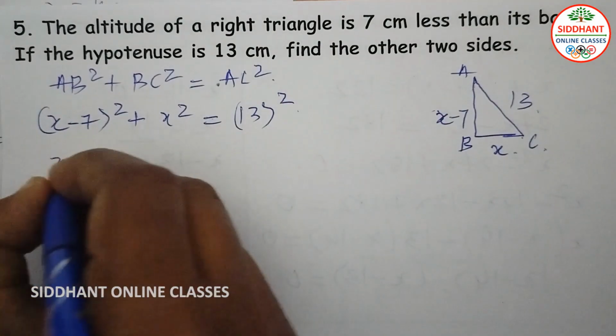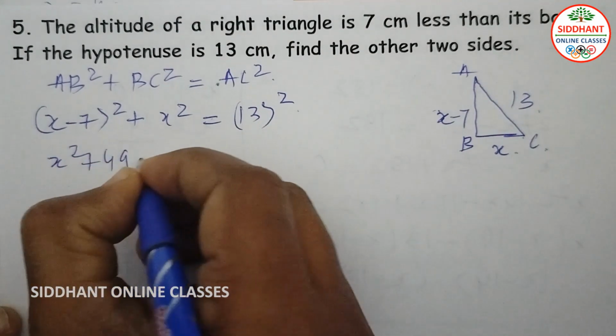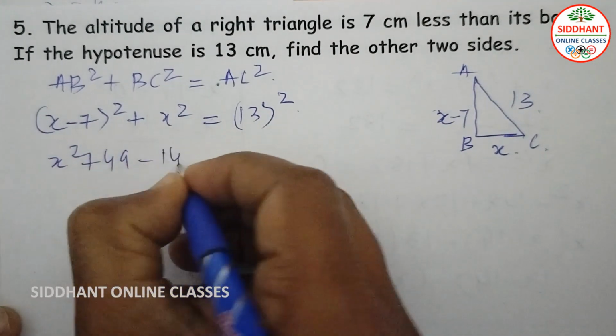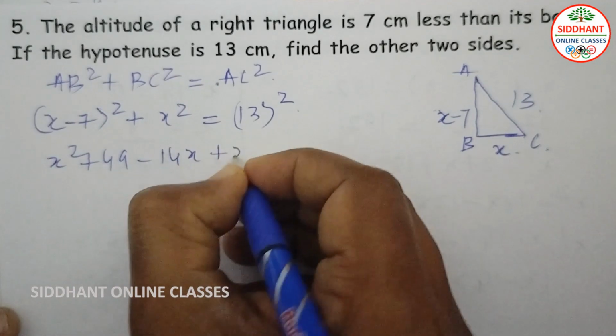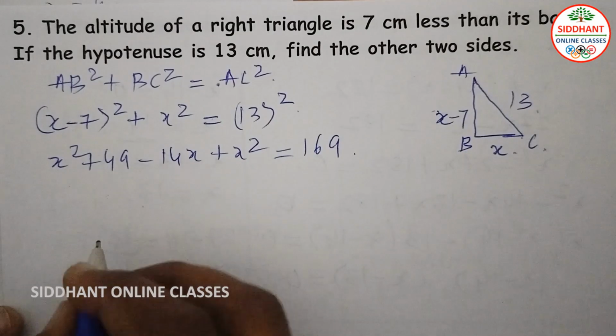So here x square plus 49 minus 14x plus x square equal to 169 here.